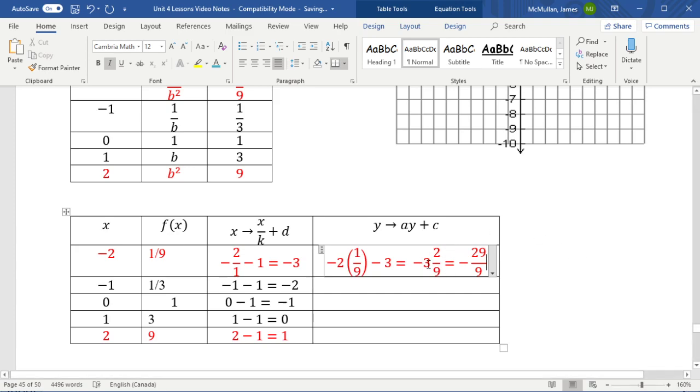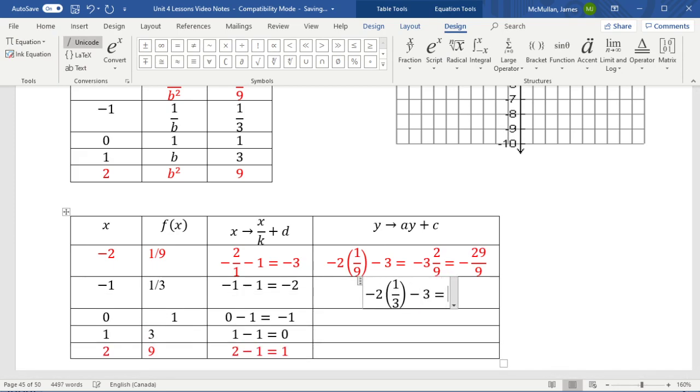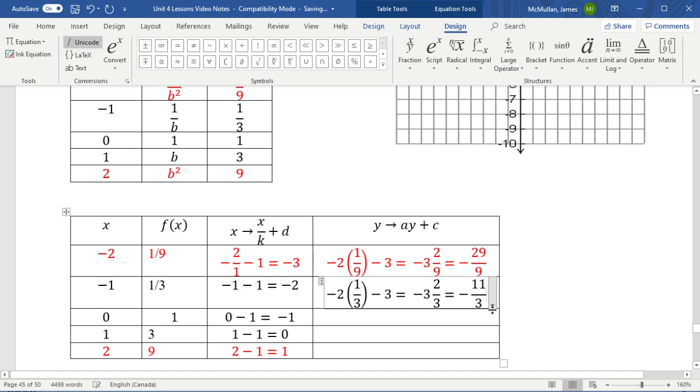Remember, a whole 3 would be 27 over 9, and then there are 2 more, so I get 29. Here I get negative 2 times 1/3, take away 3. That is negative 3 and 2/3, which is equal to negative 11/3.